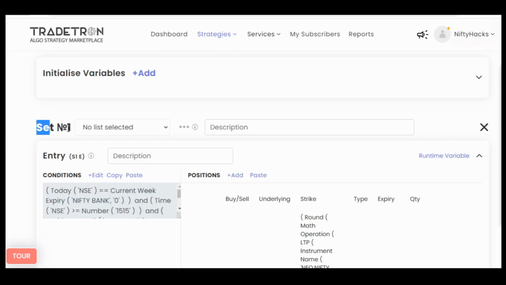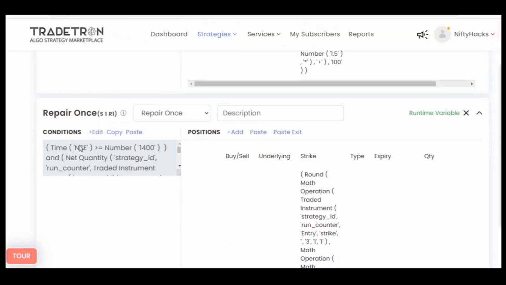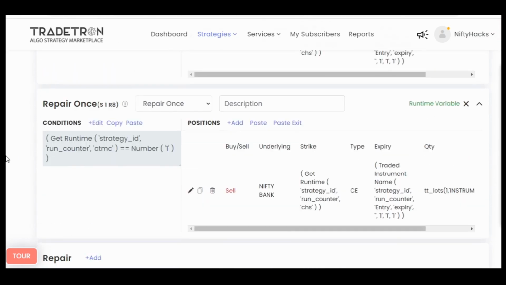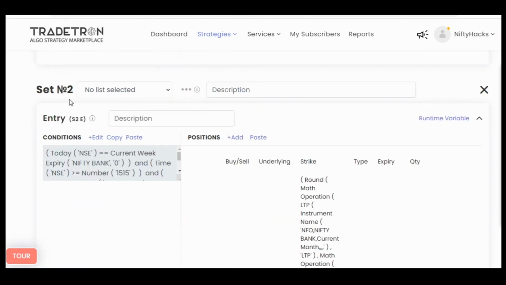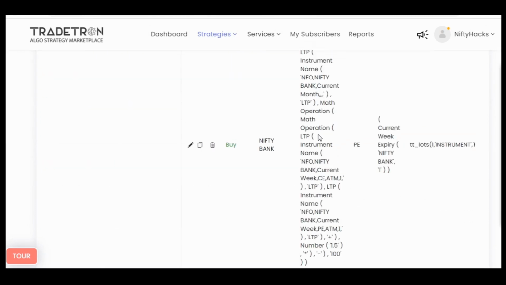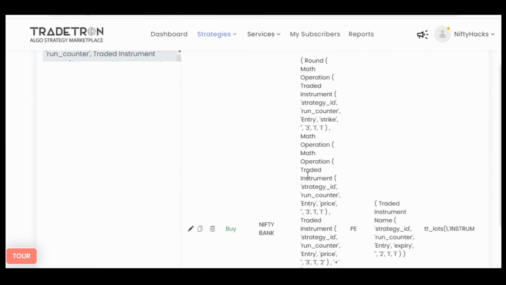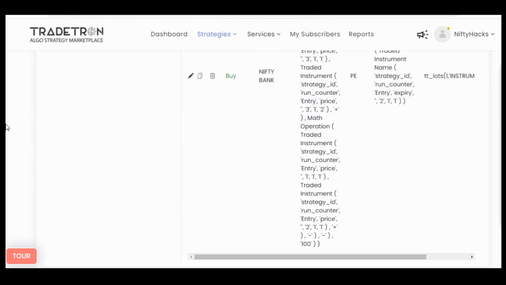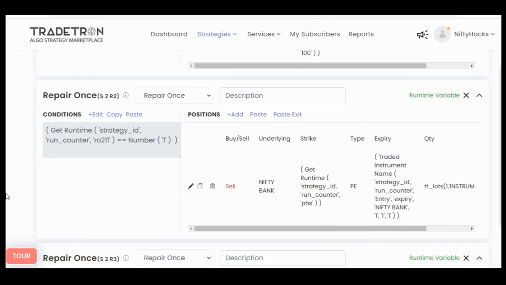So as you can see here, this is set 1. So all the repair ones of set 1 would be call side adjustments. In the same way for put side, set 2 is there. So we are entering the hedge, then this repair one RO1 is for bringing hedges to break even. After we bring hedges to break even, we will exit the previous hedge.